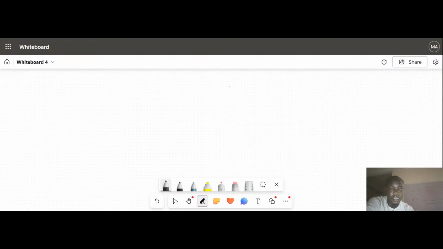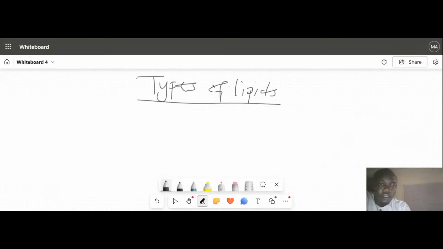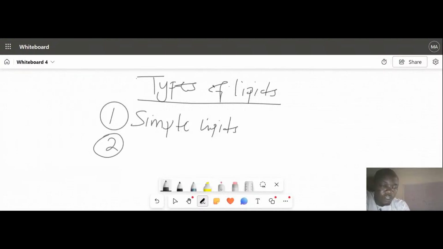Let's start. As I'm saying, we have different types of lipids, and that is what we are going to look at now. Number one, we have simple lipids. Number two, we have complex lipids.